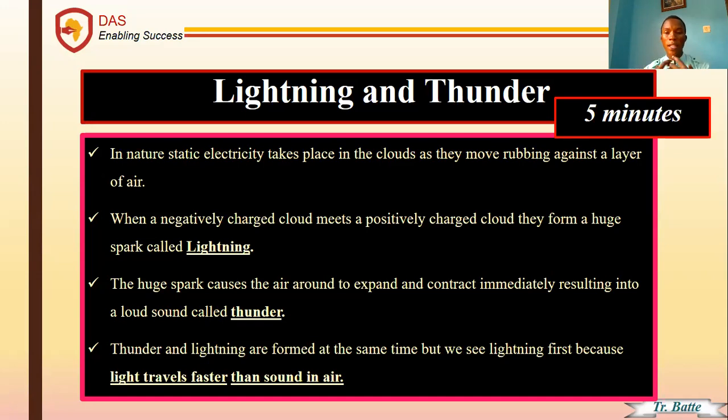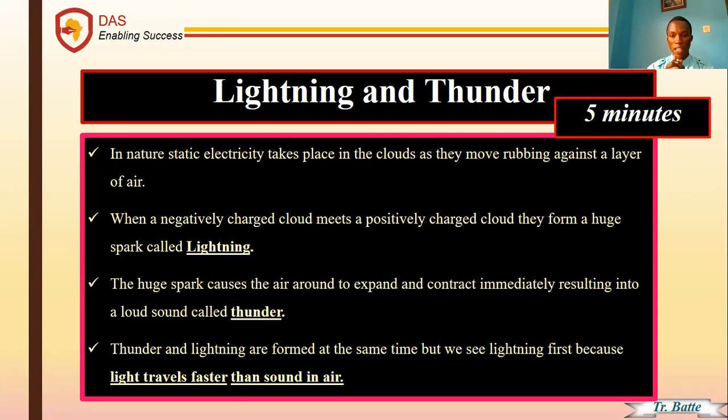When they collide, a huge spark takes place, not Spark TV, but we mean the fire. So the huge spark, or huge light, is what we call lightning.